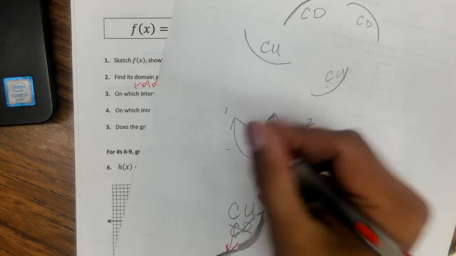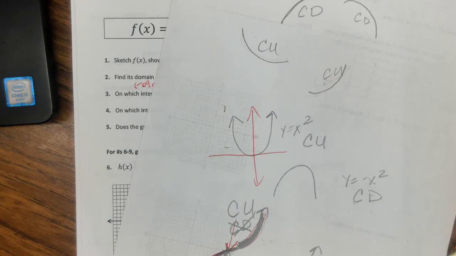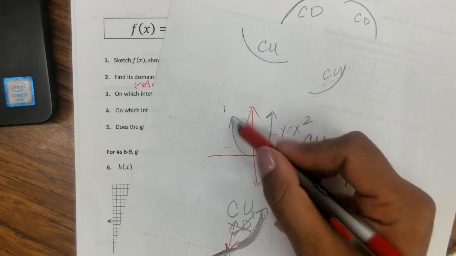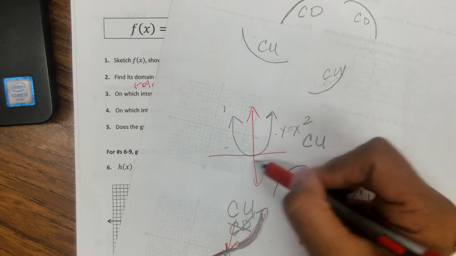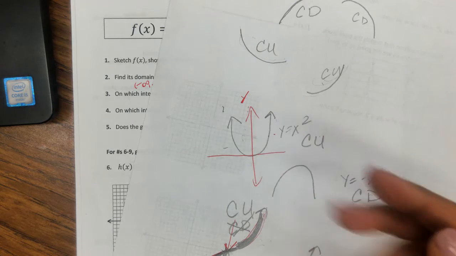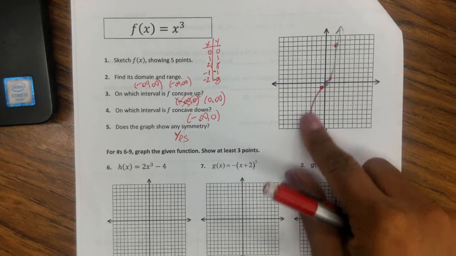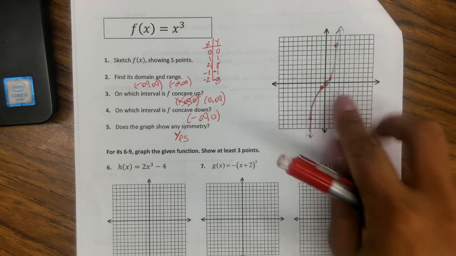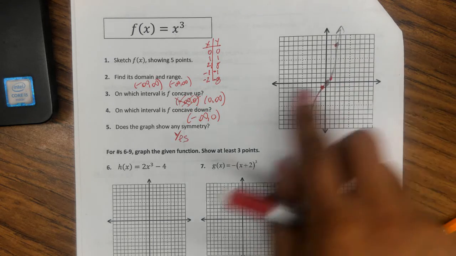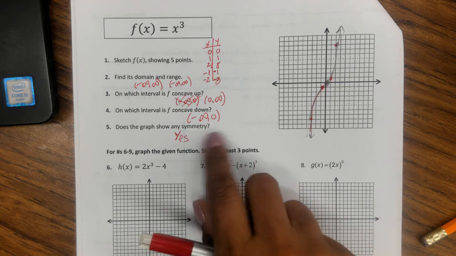For example, if I take y equals x squared and reflect it over the y-axis, it goes onto itself. This is why it's symmetric over the y-axis. What is this symmetric over? Which transformation will I do so that this graph maps onto itself? Please come prepared to class with what this symmetry is.